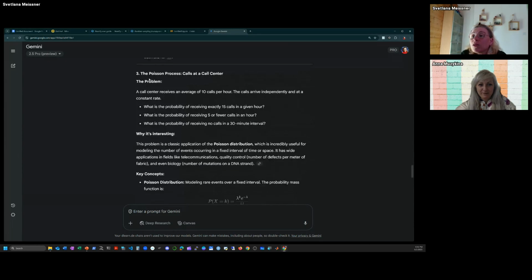Or the Poisson process at a call center. Okay, this is also a very interesting problem. A call center receives an average of 10 calls per hour, and the calls arrive independently at a constant rate. Then we can calculate the probability of receiving exactly 15 calls in a given hour, or the probability of receiving 5 or fewer calls in an hour.